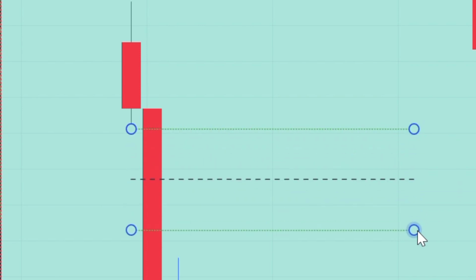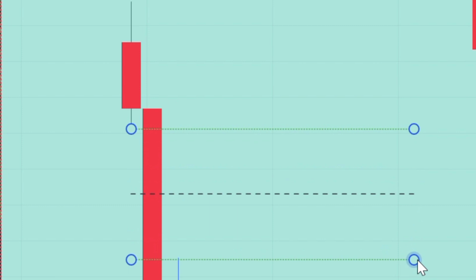It's from here, you draw it out as long as you want, then take it down to the third candle where the wick has an imbalance, and this is your fair value gap.